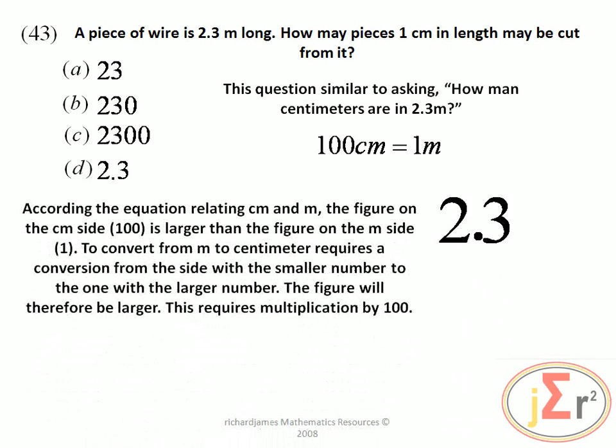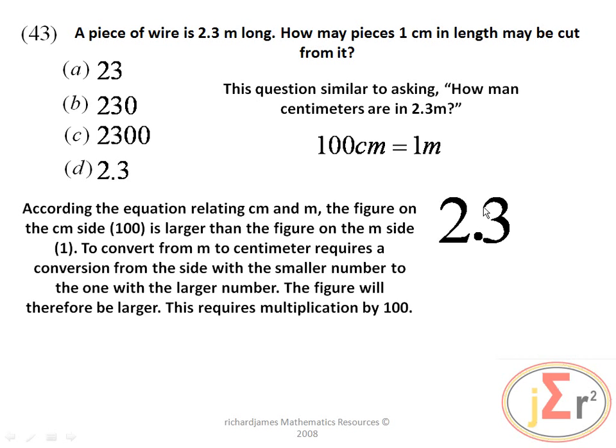According to the equation relating centimeter and meter, the figure on the centimeter side, which is right here 100, is larger than the figure on the meter side, which is 1. To convert from meter to centimeter requires a conversion from the side with the smaller number to the one that has the larger number. The figure will therefore be larger. This requires multiplication by 100.